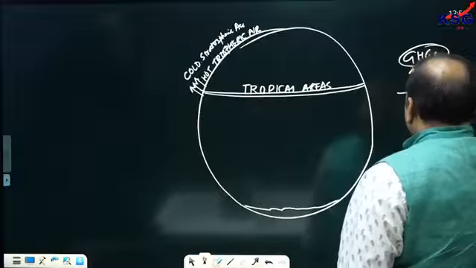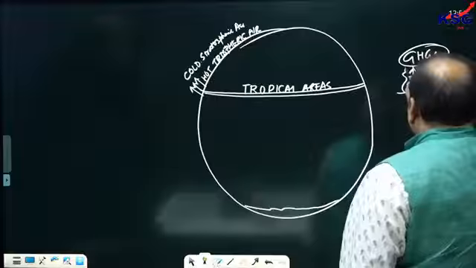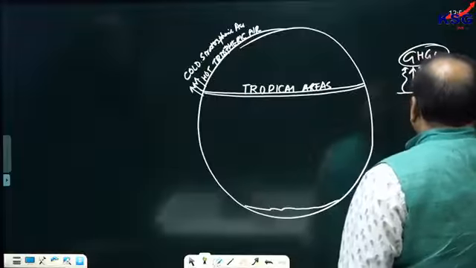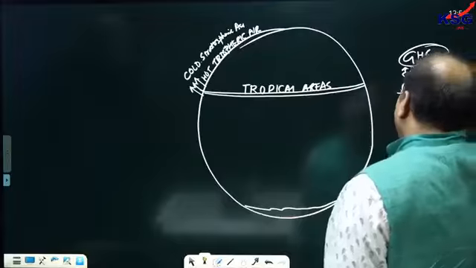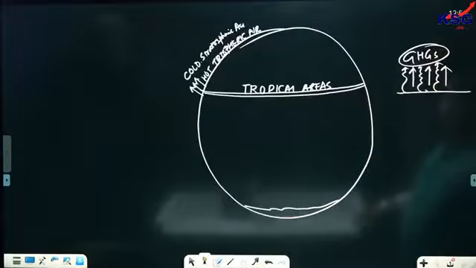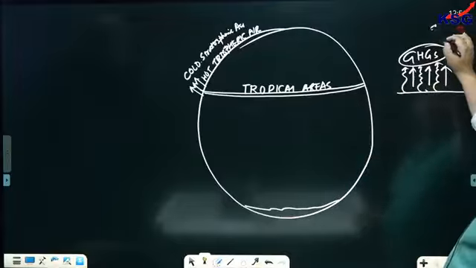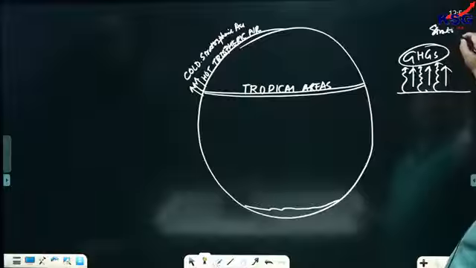So the infrared radiation generated from the surface would be absorbed more and more by these greenhouse gases. So the temperature of the troposphere would be enhancing, but that of the stratosphere is getting reduced.